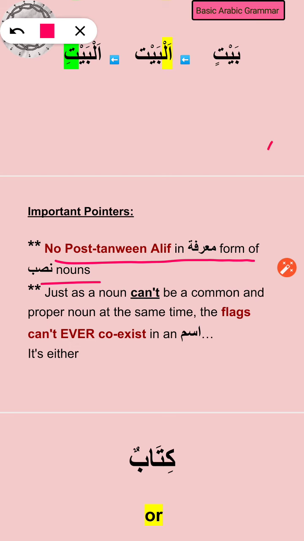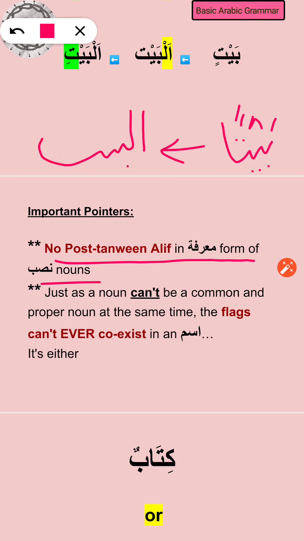For example, if we have baytan, when it gets converted to al bayta, then there is no post tanween alif in this form. This is the elaboration of this point.